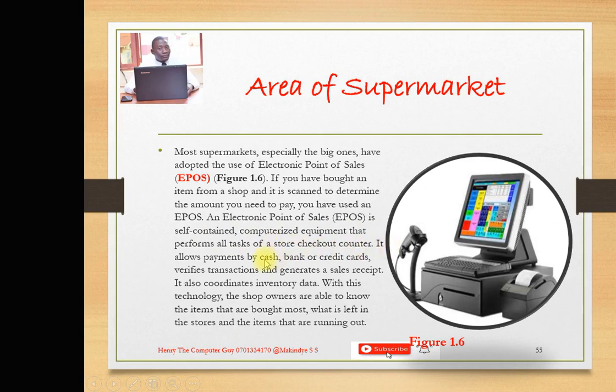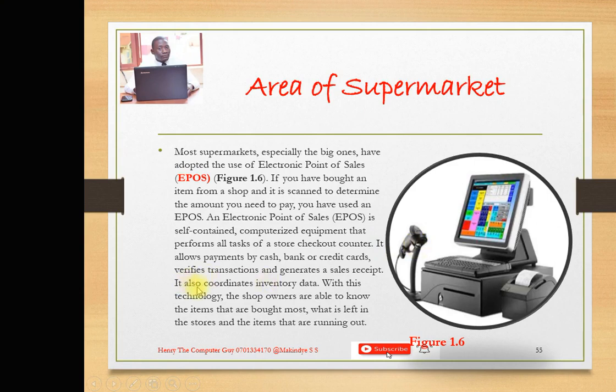It allows payments by cash, bank, or credit card, verifies transactions, and can even help us to generate a sales receipt. Remember, we have a mini printer here. It will generate the receipt. It can help us to make the calculations, determine the price of the commodity. Are we together? I think we are together. We have ever seen or we have ever come across this item.